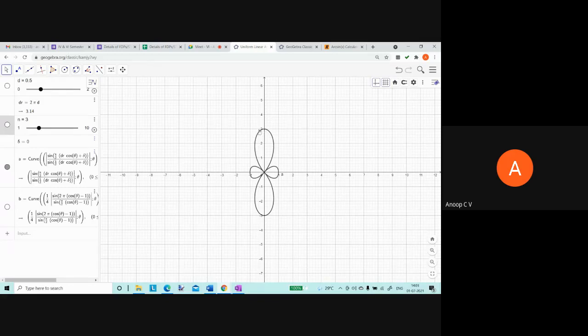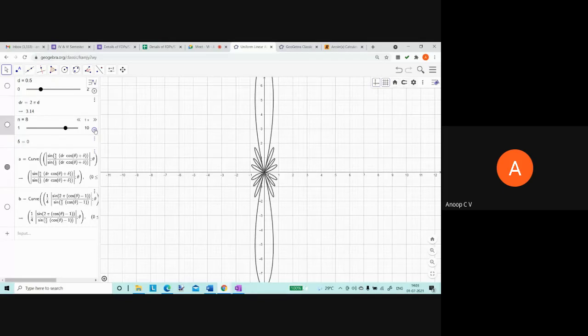This is sine n psi by 2 divided by sine psi by 2. When I make it 4, the maximum value becomes 4, and there are 4 lobes. So the maximum value keeps increasing, and to normalize this, we divide it by n. This is what I wanted to show.